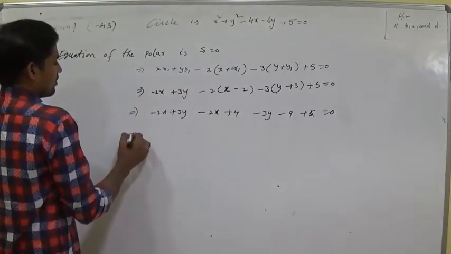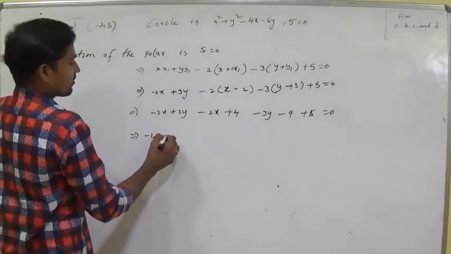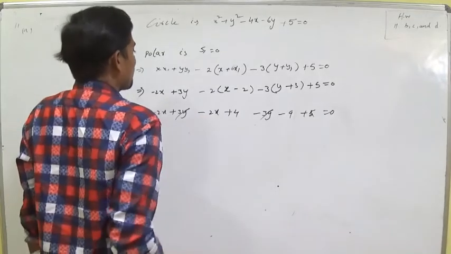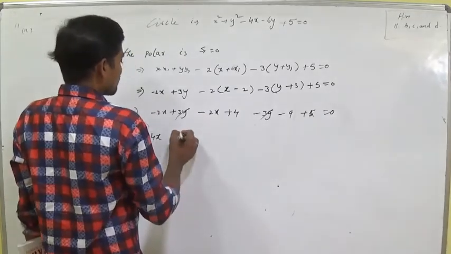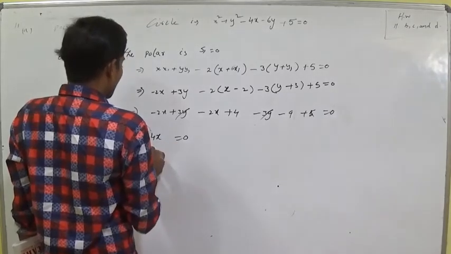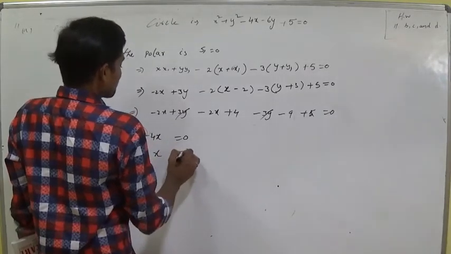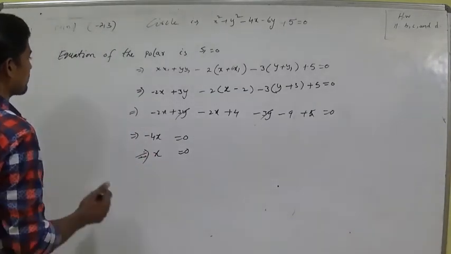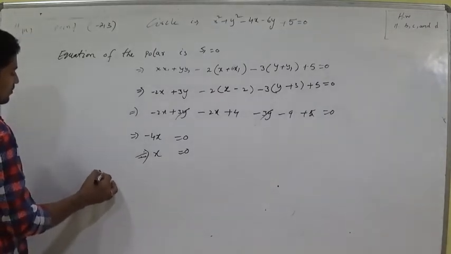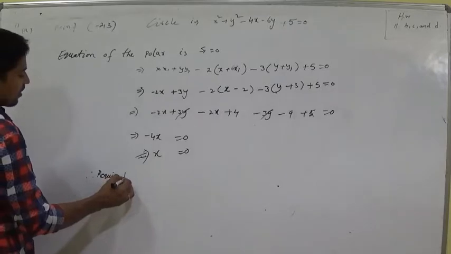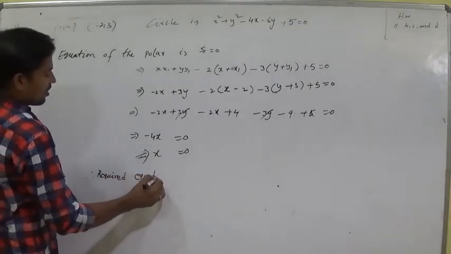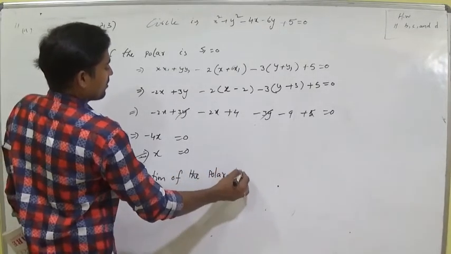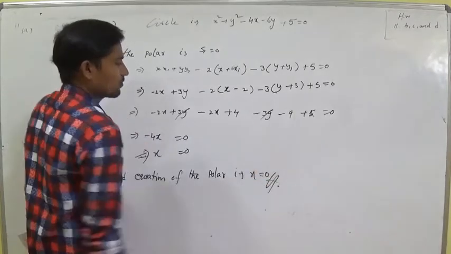So, minus 4x plus 5 plus 9 minus 9 gone, 0 equal to 0. Therefore, x equal to 0. Therefore, the required equation of the polar is x equal to 0, right?